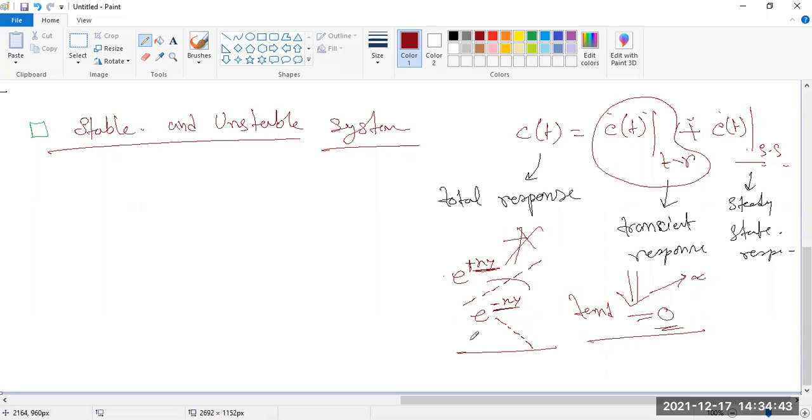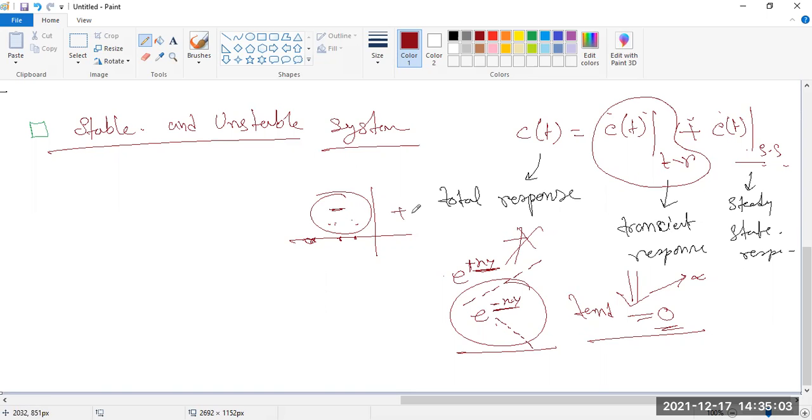Then only the system will be stable. For stability the roots should lie in the left hand side.